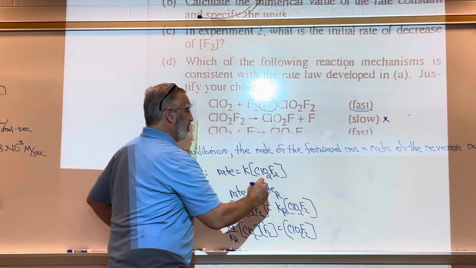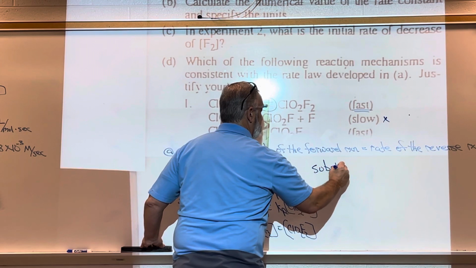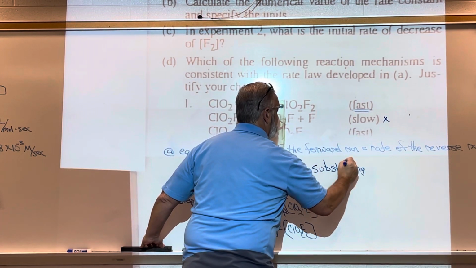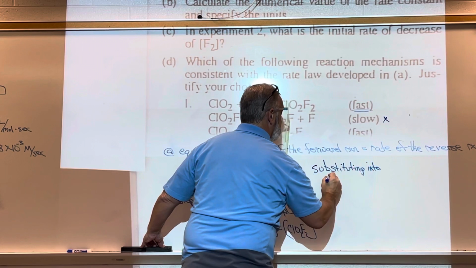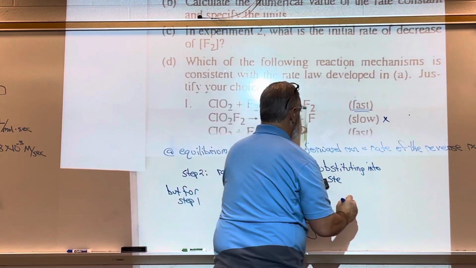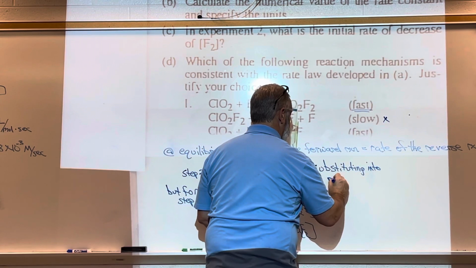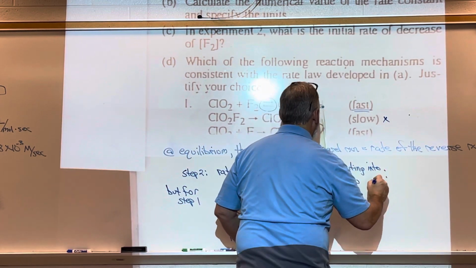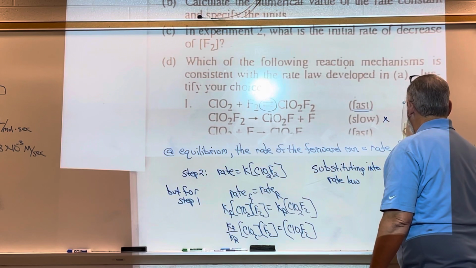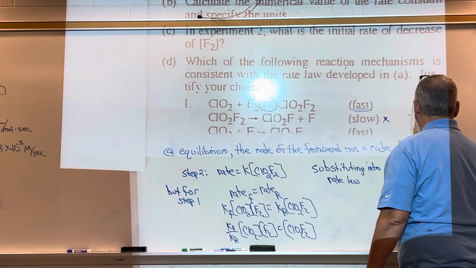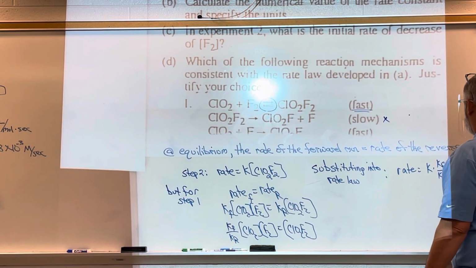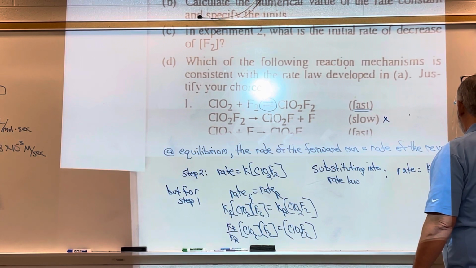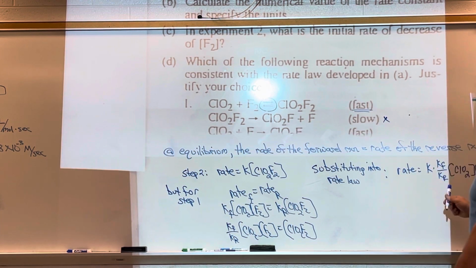Now I can substitute into the rate law. I can say that rate is equal to K times Kf over Kr times ClO2 F2, but a constant times a constant divided by a constant is just some new constant, right?